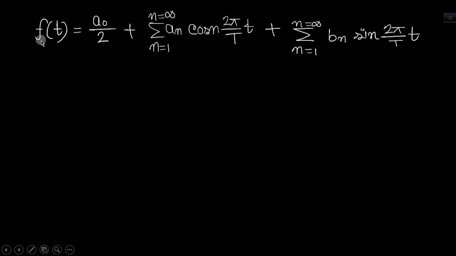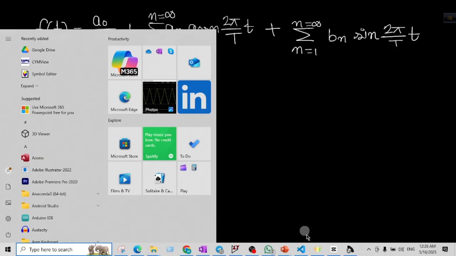We can express this f as an infinite sum of cos and sine signals, from 1 to infinity, with an offset a0 by 2. Theoretically we can have infinite cos and sine signals, but practically we don't have infinite signals, right? So let's see what we can do practically.